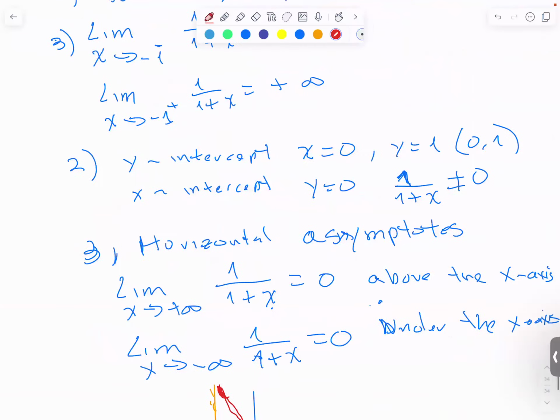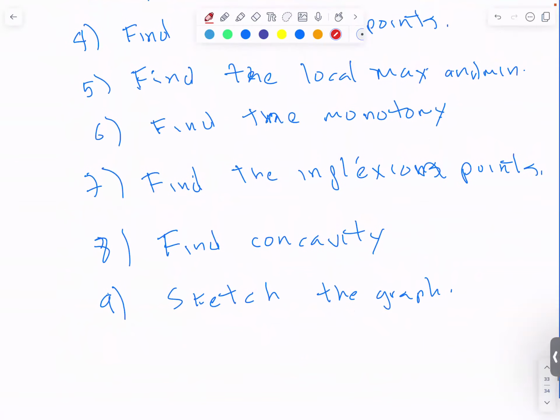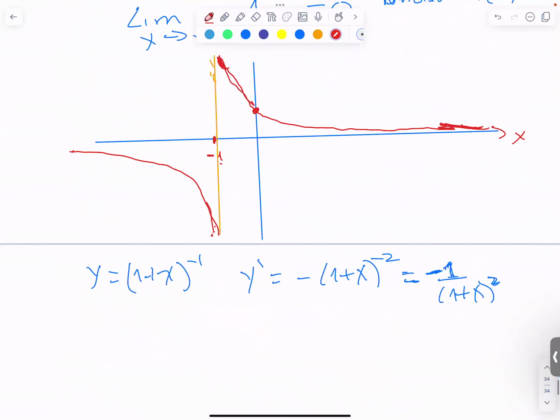Now let's see the steps here. Okay, let's do the second derivative. We found the monotony. I mean, the function f of x equals 1 over 1 plus x is decreasing in its domain.